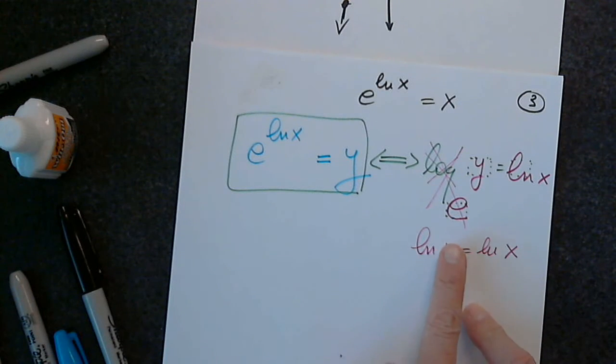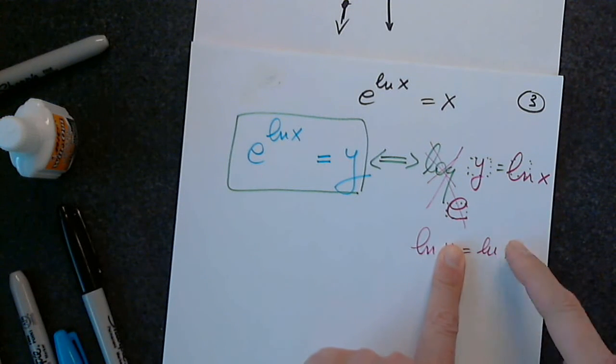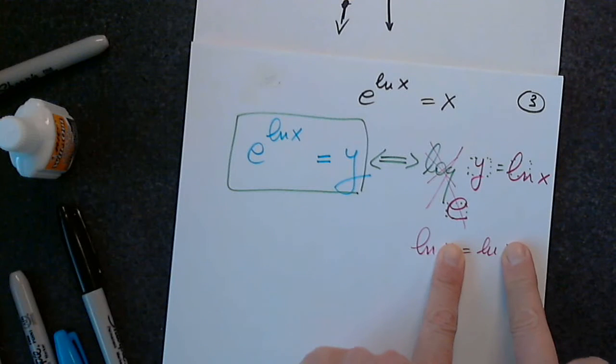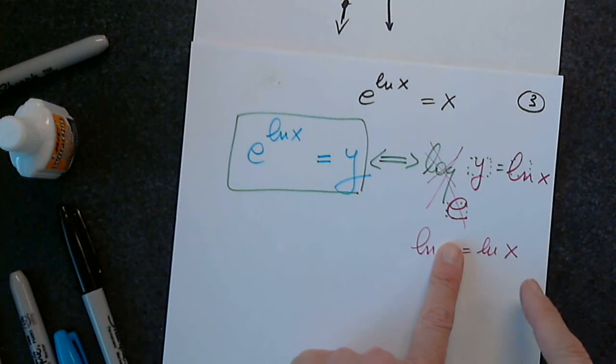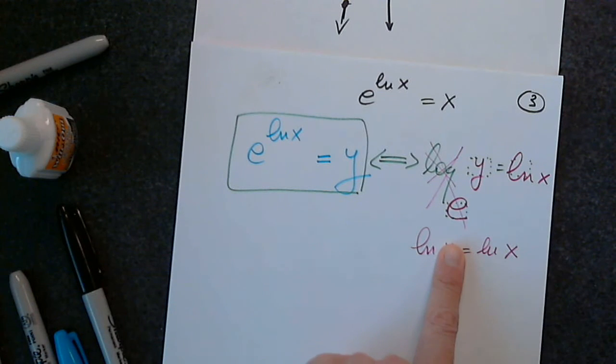If you say natural log 3, then I have to have 3 here. If you say 5, then I have to have 5 here. If you say 100, I have to have 100 here. But I have x. So what could this number be for these two to be the same?